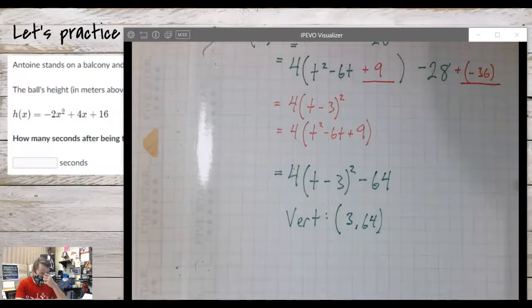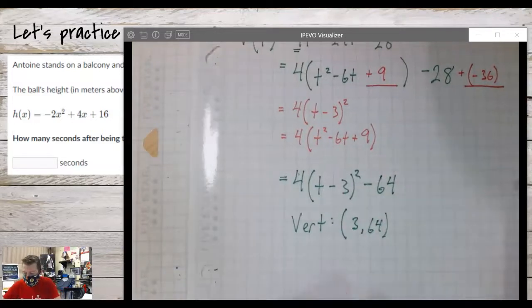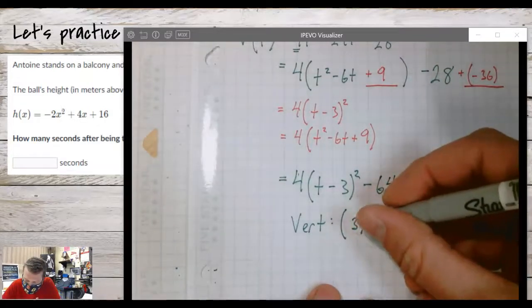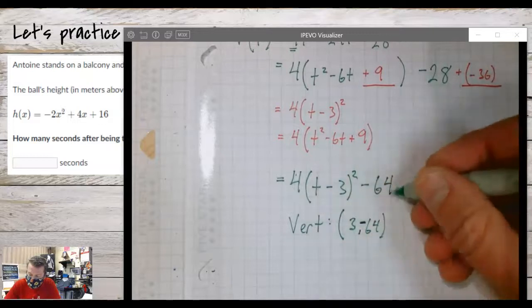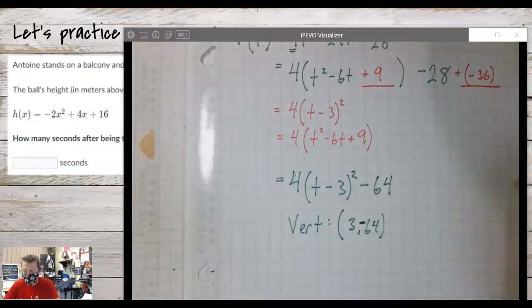My bad. Opposite of what's in here, what you have on the outside, so negative 64.